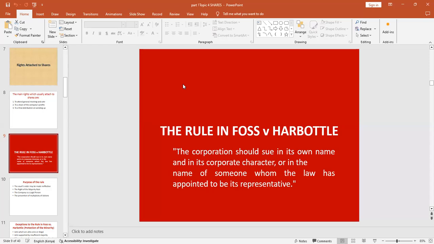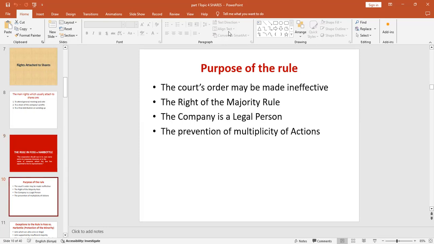Because if you look at that case, it's obvious that the majority shareholders decided to do that because they had more shares. But now, why was that rule passed, even though the rule looks unfair, which it was unfair? But why do we have that rule? Because number one, the purpose of this rule is to ensure that you understand that a company is a legal person.